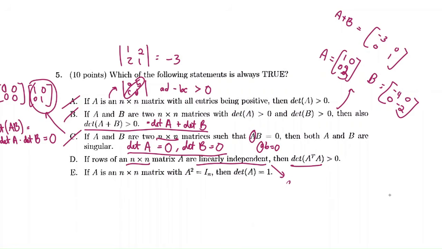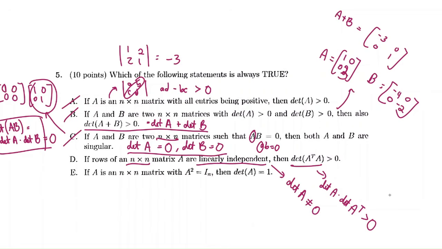And this means, because it's invertible, that the determinant of A is not equal to 0. And then we can apply our rules about the determinant that we show here to see that the determinant of A times the determinant of A transpose is what the statement is claiming.